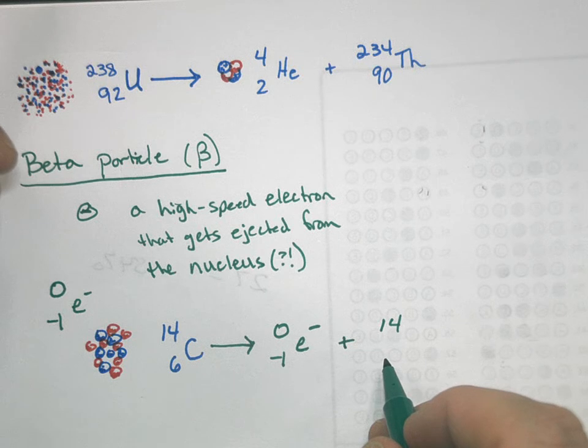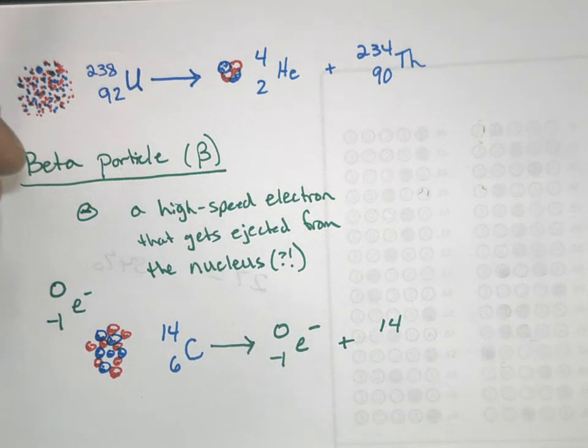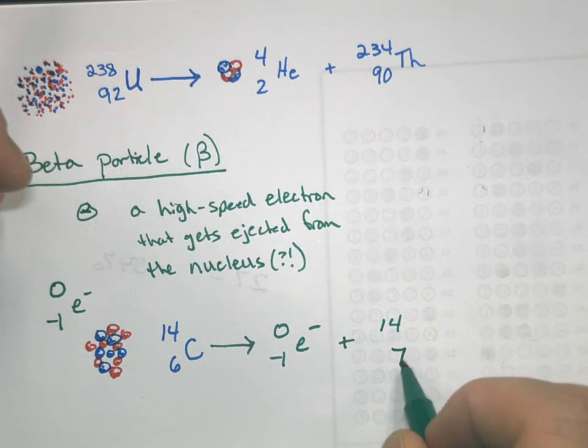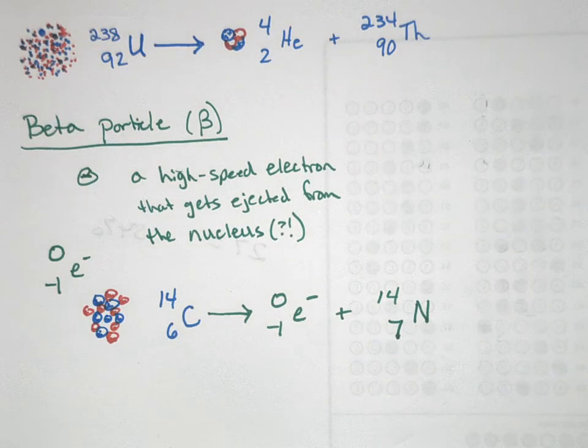So 6, and we subtract a -1 from it, we're actually getting a 7. Oh, look, it's a new element. And atomic number 7 is nitrogen. Carbon 14, when it decays, becomes nitrogen 14.